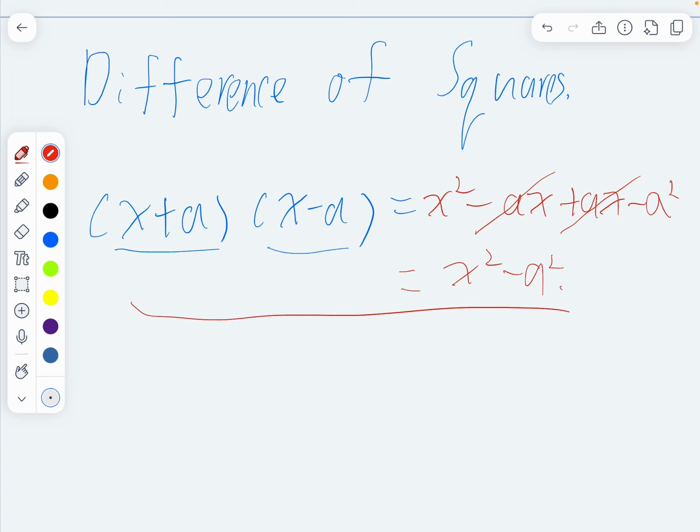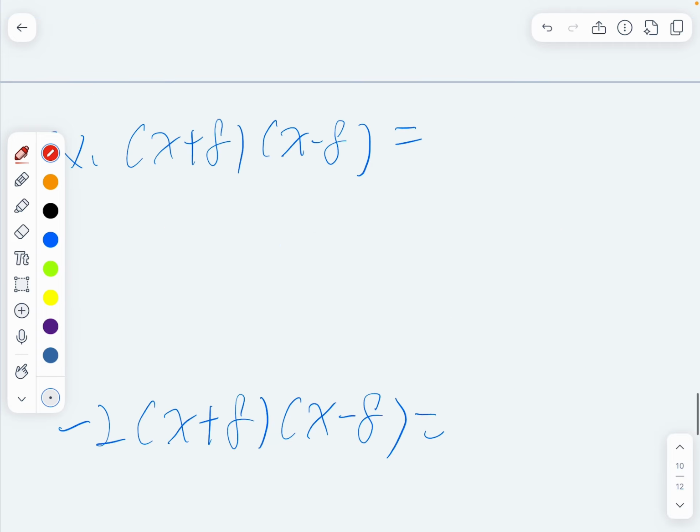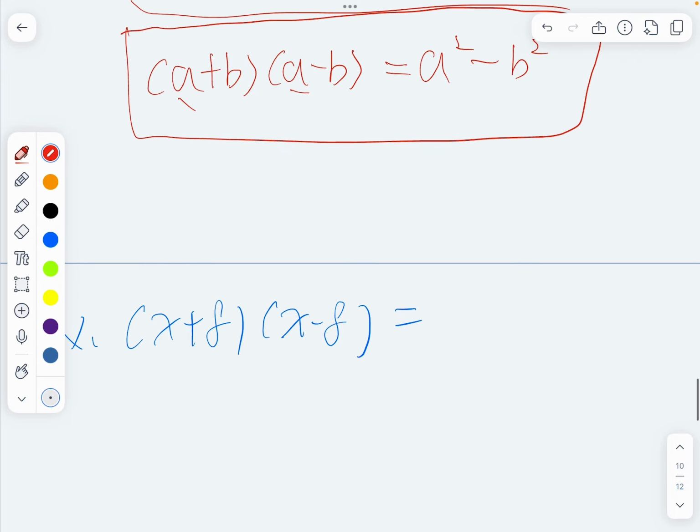For this formula, we can calculate that a plus b times a minus b is going to be equal to a squared minus b squared. Let's do an example. That will be an easy one.